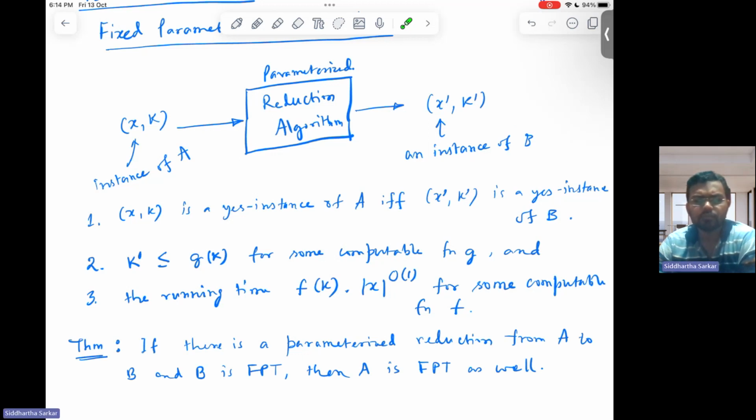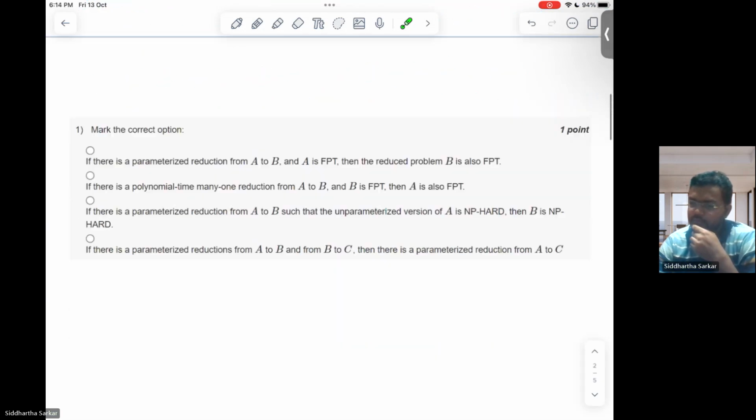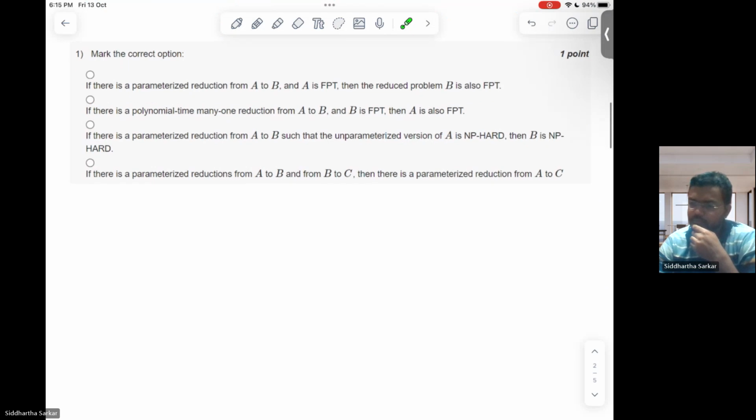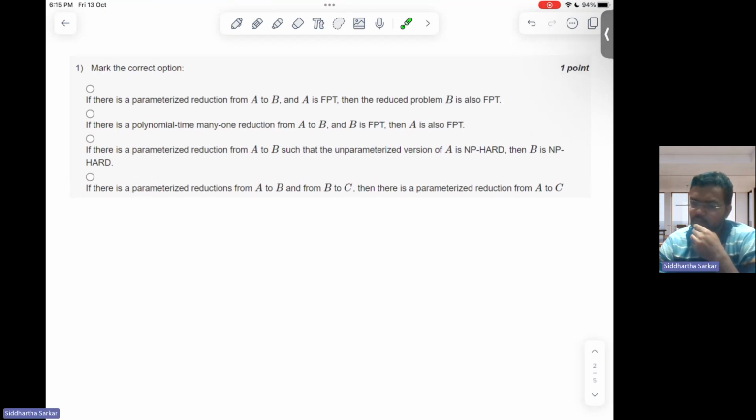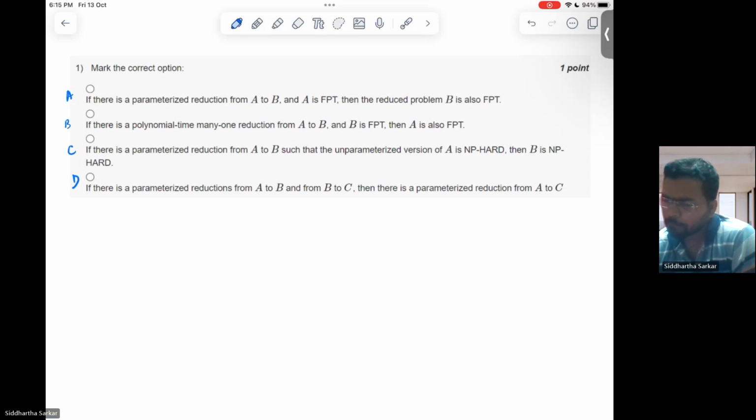Now I think we can move to the questions. So this is the first question. Let me mark the statements A, B, C, and D. We are supposed to mark the correct options.